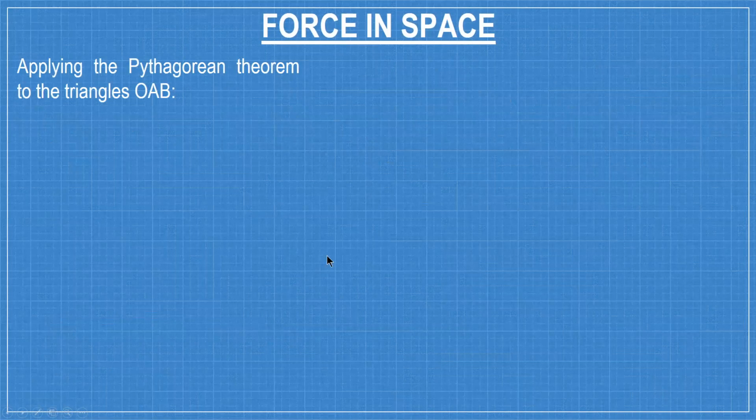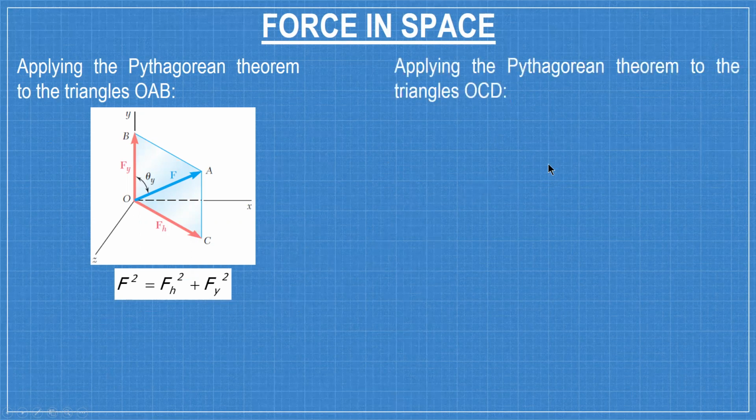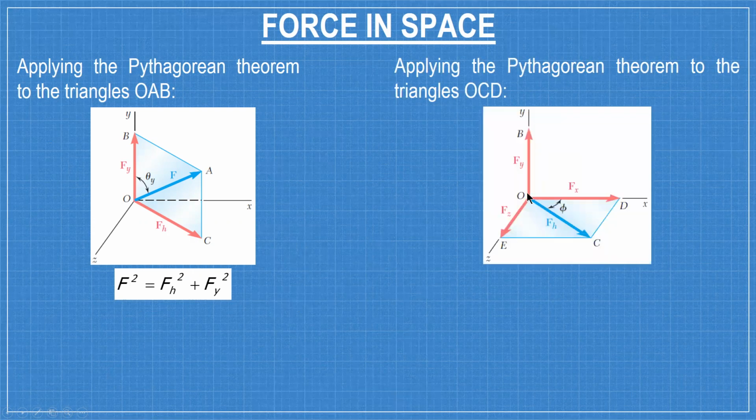Applying the Pythagorean theorem to the triangle OEB: if this is Fh, EB is also Fh. So considering Fh, Fy, and F, using the Pythagorean theorem, you have F squared equal to Fh squared plus Fy squared. Similarly, we apply the Pythagorean theorem to triangle OCD. CD is the same as Fz.